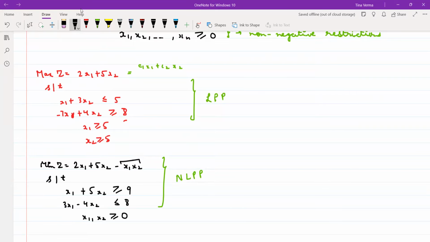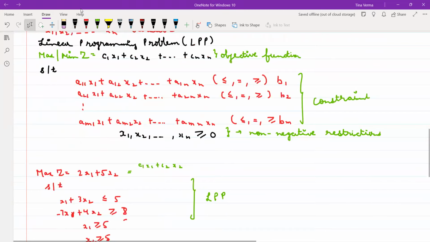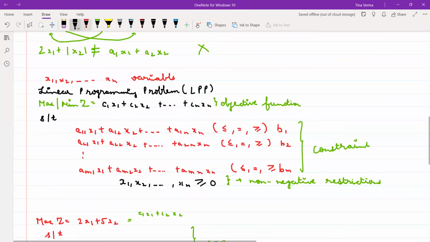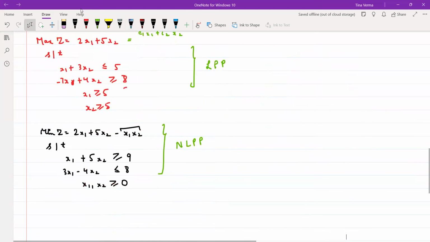So since you have done this LPP, and this is nothing but the general form of a linear programming problem, that is the general form of LPP. Is it clear? Is it clear to all? Yes.